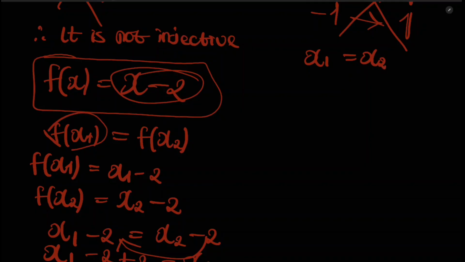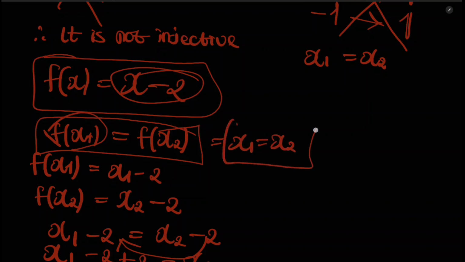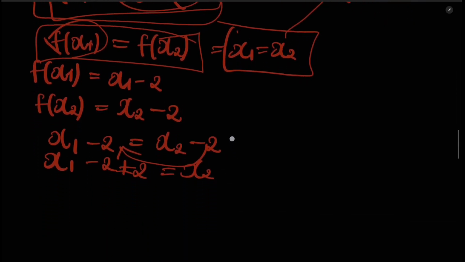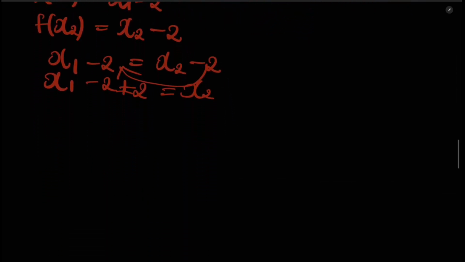So from here, this is the same as x1 equal to x2. So we have ended up with the same thing. So that tells you that this equation that we had is injective. Okay, that is simply all for injective functions.